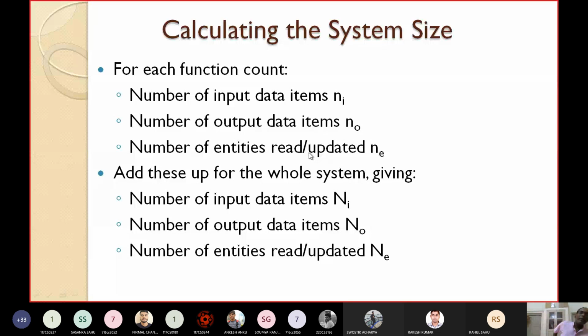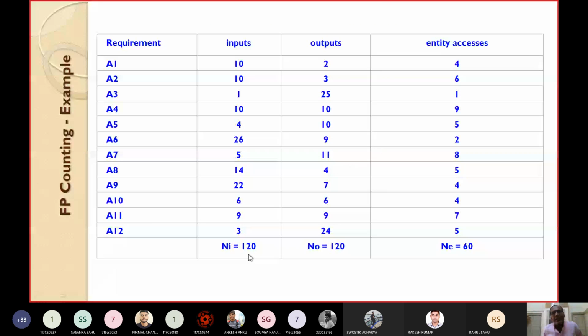So if these values are there, then you can develop a mathematical model, where you add some constants or weights, like 100 plus 120 times some factor might be 2 or 3, plus 60 into 4, like that. You have to find out some multipliers or constants, multiply with these individual values, then add them, and you will get the function point, or the total system size for this given application.